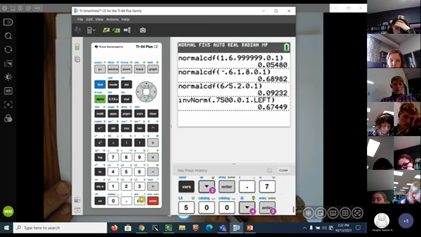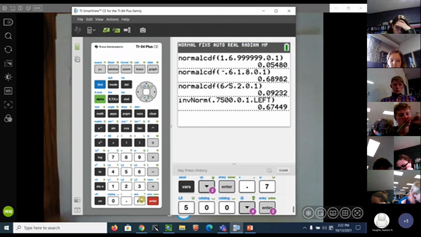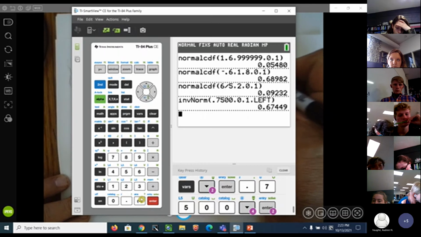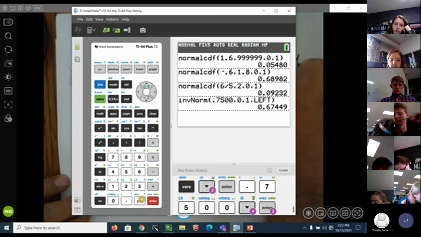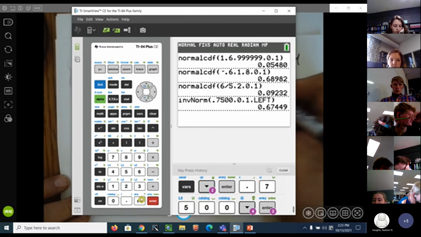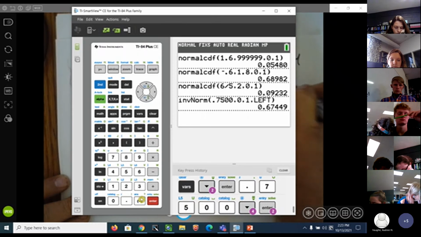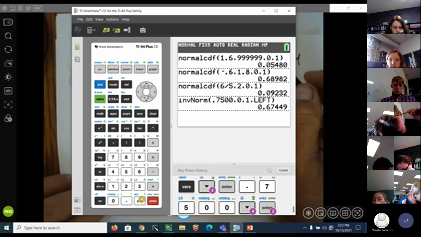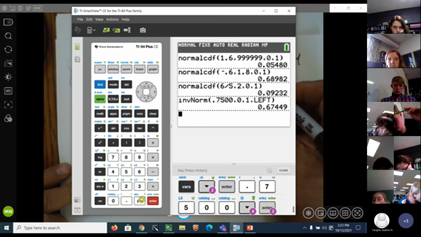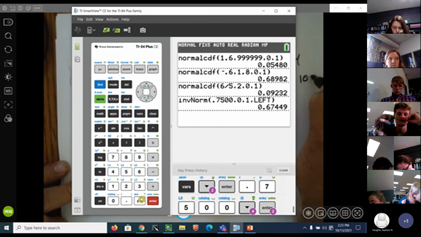So 0.67 is right here, but that's not a test score. That's a z-score. So now we got to use sigma z plus mu. So x is equal to sigma z plus mu, and that's going to be 100 times 0.67 plus, I'm sorry, backwards. The sigma is what? 10. Sorry. 10 times 0.67 plus 100.